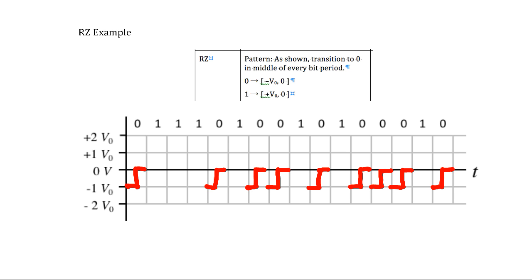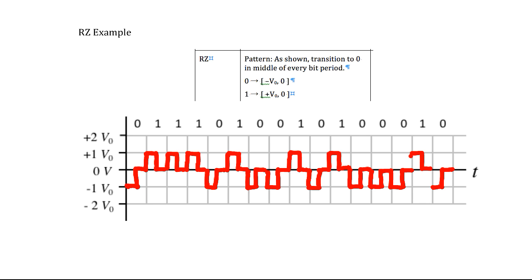Now the ones go from plus down to 0, like this. I'm going to do all the ones now, and then I'm just going to connect up the voltages. After I do all the zeros and ones, I do have to have a voltage pattern here, so I can connect these guys up. And this is my signal then.